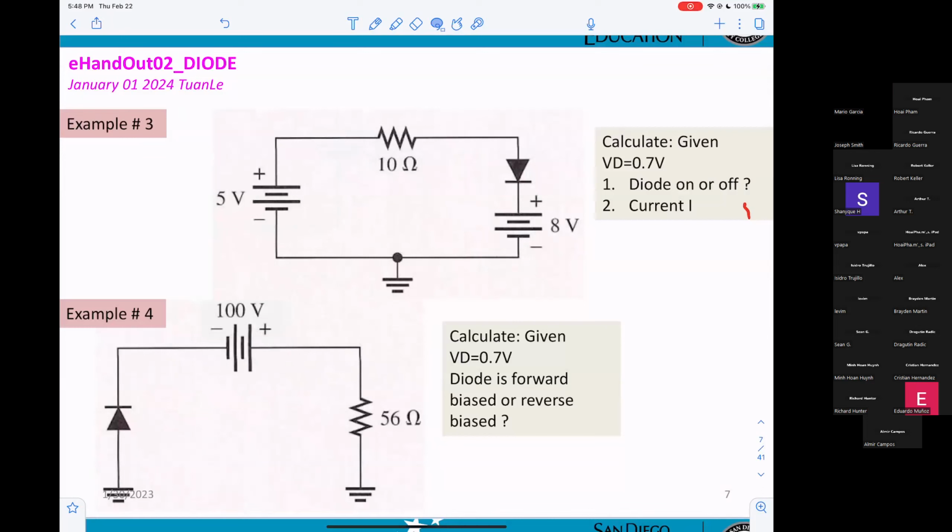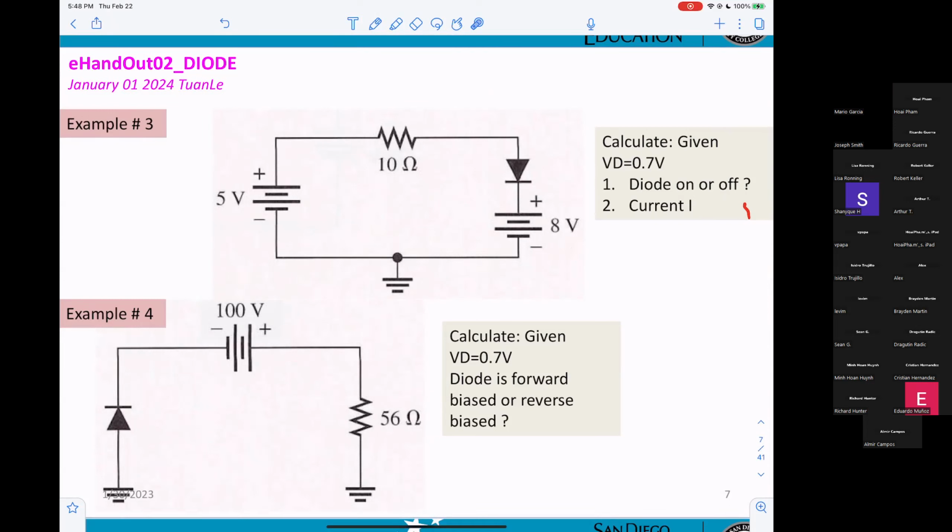Example number 3. Diode on or off? Off. I thought it was off because it's higher after the diode. Now you can see it's off. The reason is you get 5 volt on this side, 8 volt on the other side.